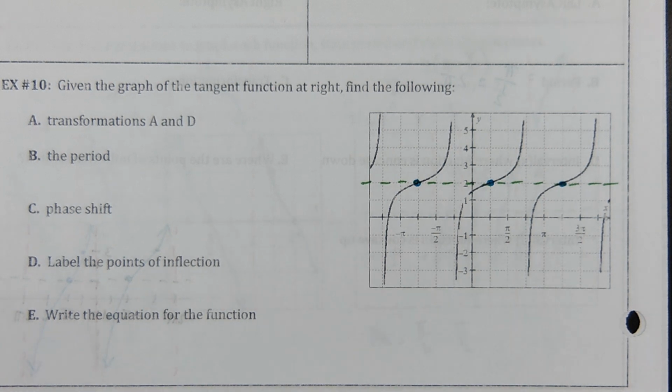Because if I'm describing my transformations, the vertical transformations have to occur in PEMDAS order. I need to know what the multiplier on the front would be. First of all, do I have a reflection? No. That tells us that the number on the front of our tangent function is positive because there's no reflection. We just need to know what that value would be.